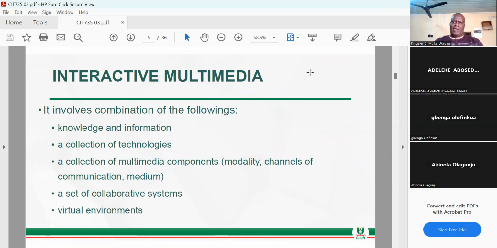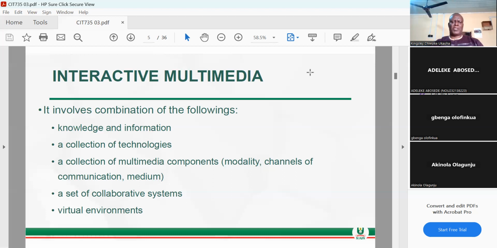I have a camera here watching me. I have a microphone attached to the computer. I have my screen where I've typed what I want to type. Then I have the internet technology passing through a network that will be disseminating what I'm saying through the airwaves over to where you are, and you receive it together. So that is what you call the collection of technology. And then I have the laptop computer, which is also part of the technology.